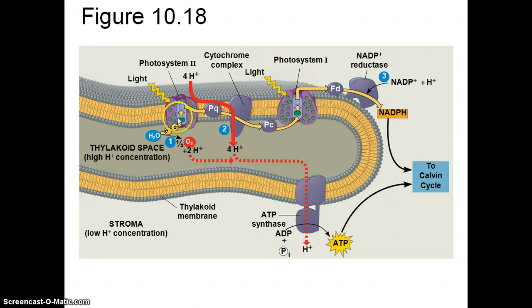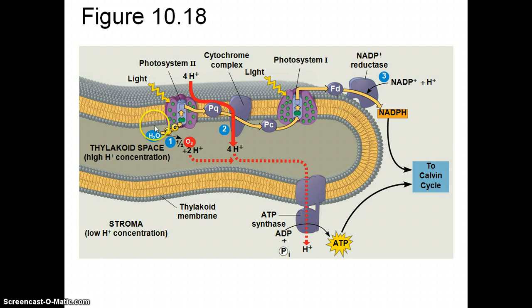So this driving reaction, this lack of electrons here, pulls the water molecules' electrons into the photosystem. And what happens is water gets split, which is why we have water as one of our reactants in photosynthesis.